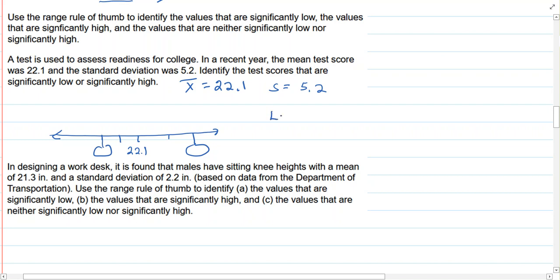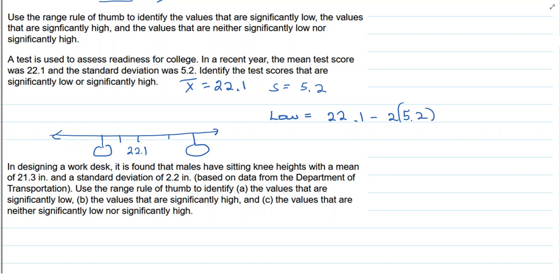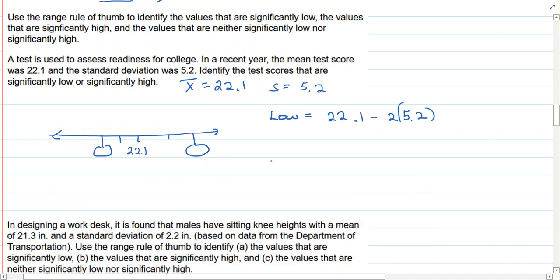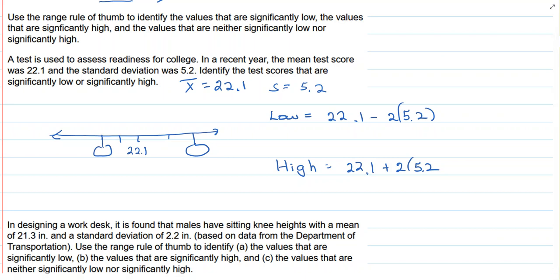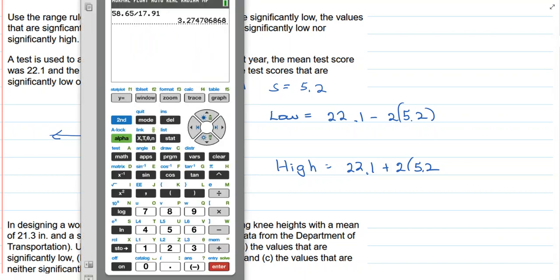For the low, we would have our 22.1 minus 2 times 5.2. And then for our high, we would have the 22.1 plus the 2 times 5.2. And those will give us the positions of the high and the low. Some little math. I told you this was really good.